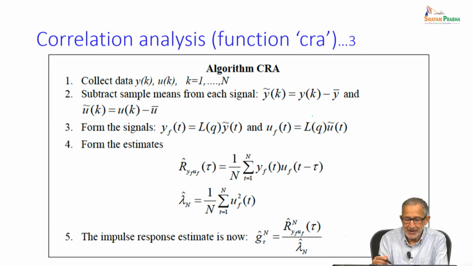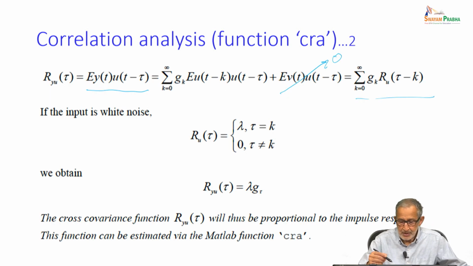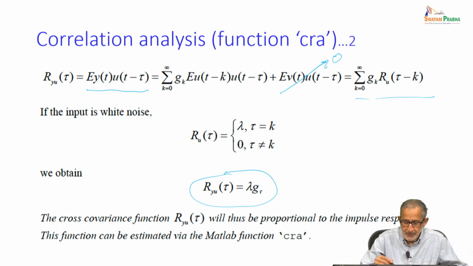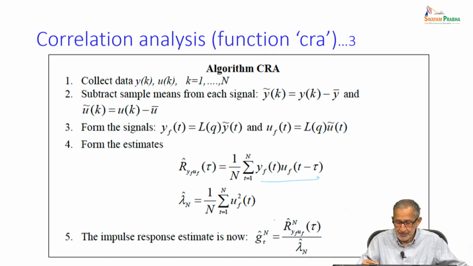And then form the estimates: the covariance between y and u with lag tau is this term here, and from the expression that we had previously, g(tau) is r_yu(tau) divided by lambda, and that's what we are doing here.